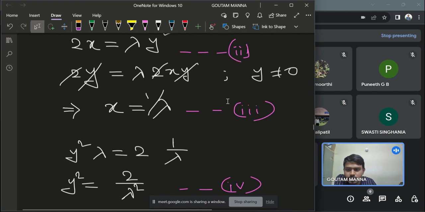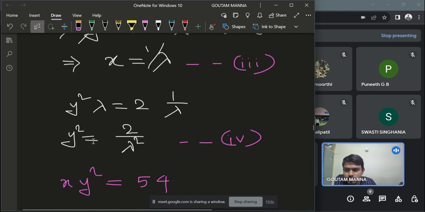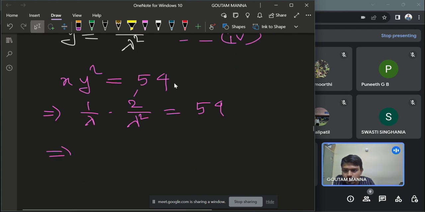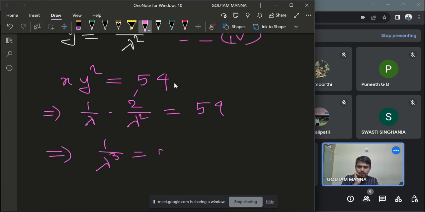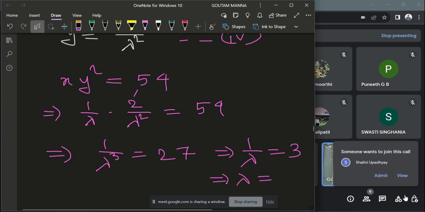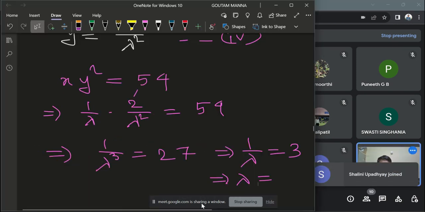Now if I replace y square equals 2 by lambda square and x equals 1 by lambda, it will be 1 by lambda times 2 by lambda square equals 54, and then 1 by lambda cube equals 54 by 2, and 54 by 2 is 27. In that case 1 by lambda is 3, and lambda is 1 by 3.